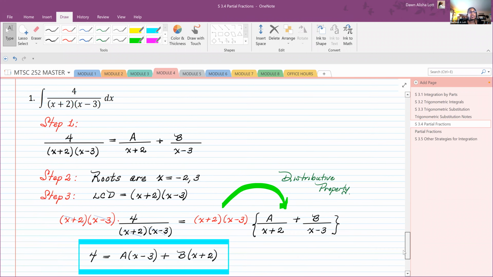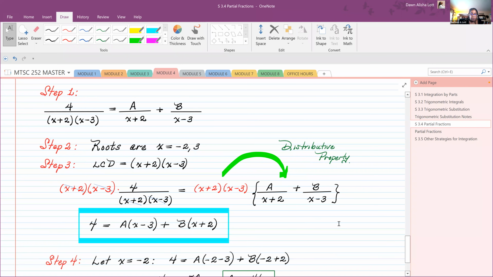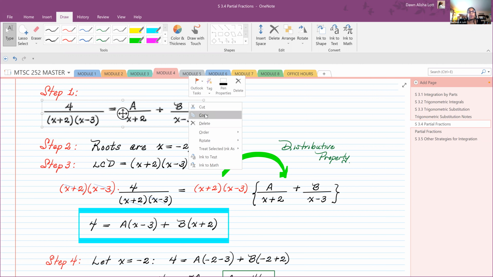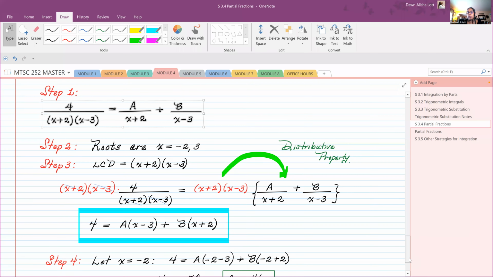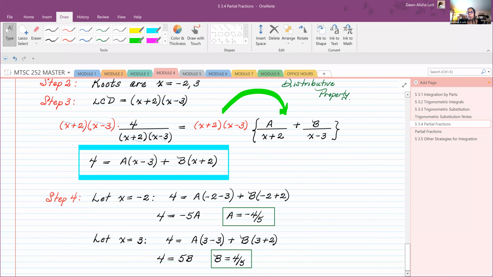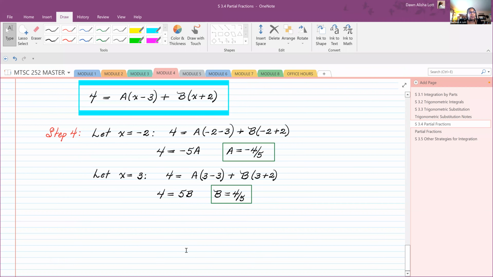So now we need to substitute and integrate. Step 6.